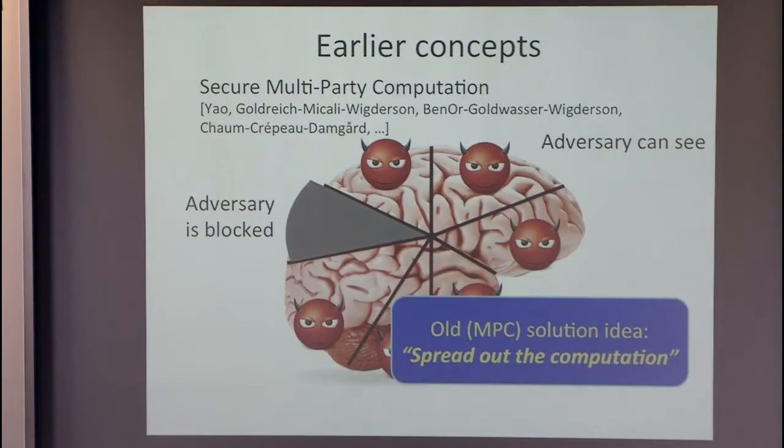And once we have this idea that there is a part of the computation that's blocked, it leads to the natural solution concept that we've studied for many decades now, which is to spread out the computation using secret sharing or garbling, and in this way make it so that as long as the adversary misses some part of the computation, then he misses all the essential features of it, right?